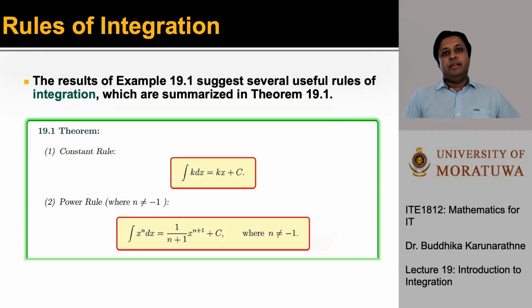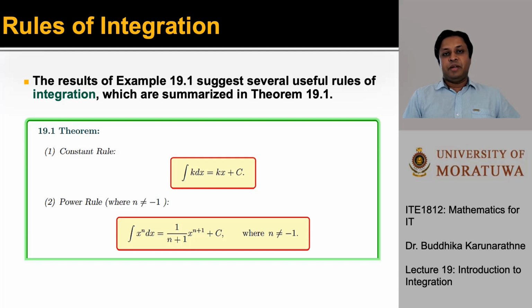So now we introduce some basic rules of integration. Taking the results of example 19.1, what we just discussed suggests several useful rules for integration, which are summarized in theorem 19.1 given here.